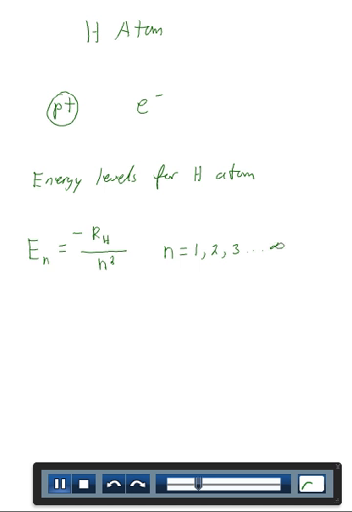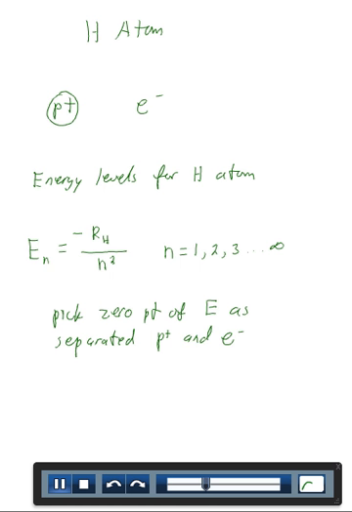Now we have the negative sign in the energy expression because we pick the zero point of energy as the separated proton and electron. If we completely separate the proton and electron, we dissociate the hydrogen atom.